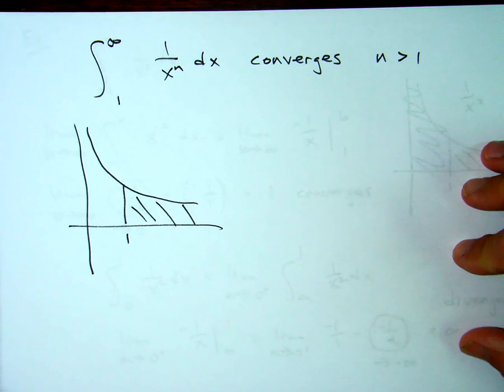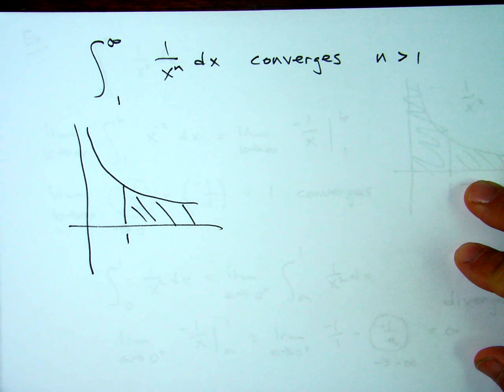And that's for anything greater than 1. It could be 1.1, 1.01. It's when we get down to 1 that the antiderivative is natural log, and then we have a problem.